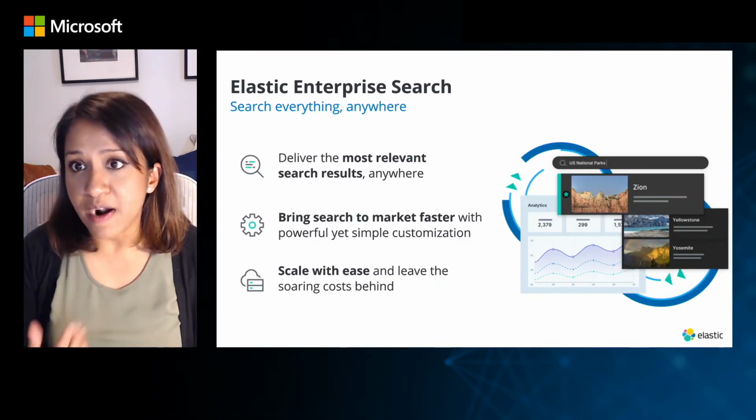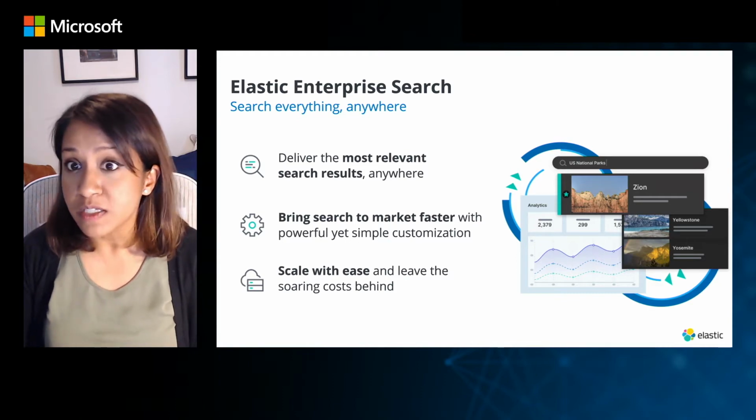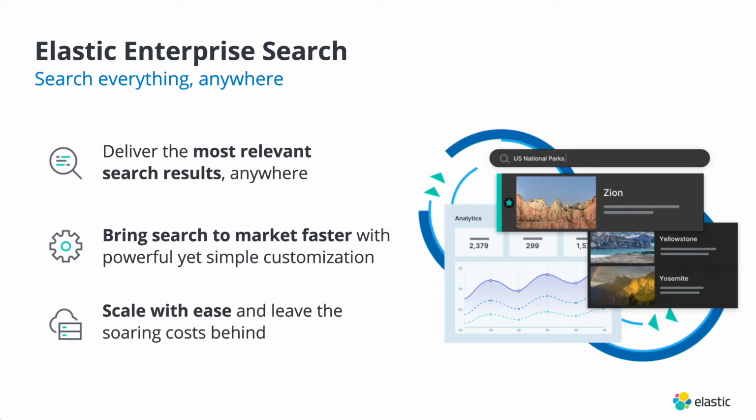So Elastic Enterprise Search wants to allow you to search everything anywhere and deliver the most relevant search results, bringing your search to market faster with powerful yet simple customizations. So it allows you to customize that search experience, but you're not building things from scratch, having to understand things like type ahead, synonyms, all of these complex concepts that are in the search field.